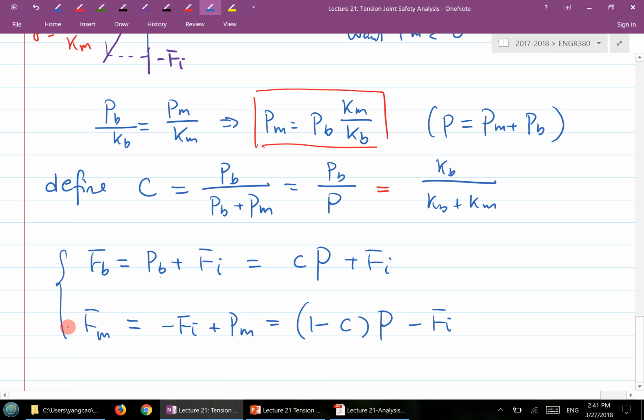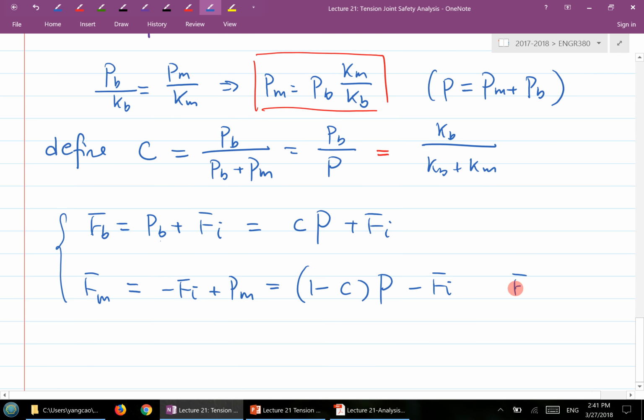And I was just looking at the Fm here. As we see, Fm needs to be less than 0. If somehow Fm turns out to be greater than 0, then you essentially have a separation of the joints. Okay.